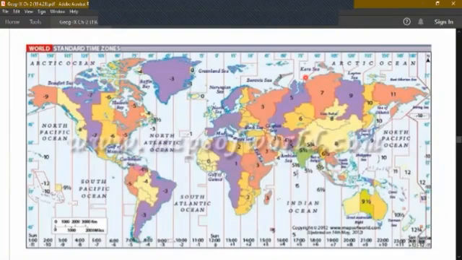So students, what is the standard time? The uniform time based on a central meridian is known as the standard time.